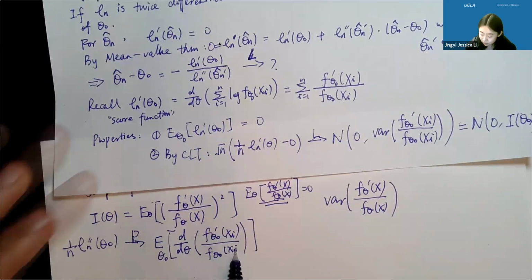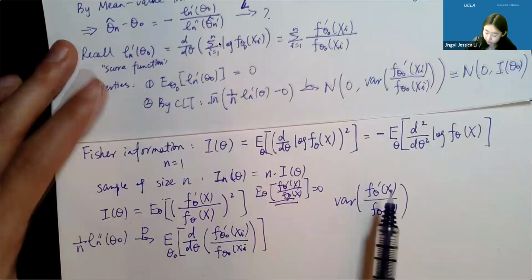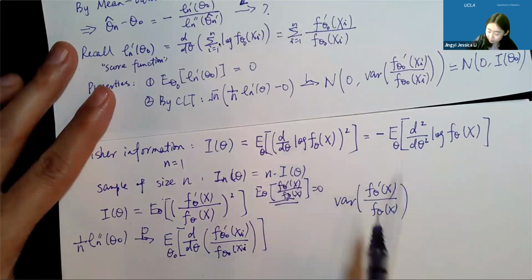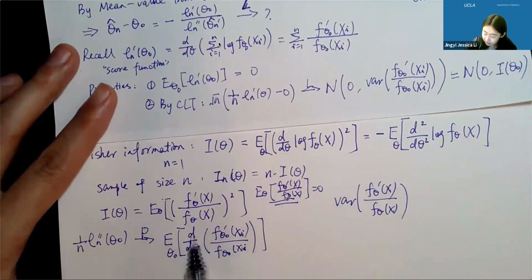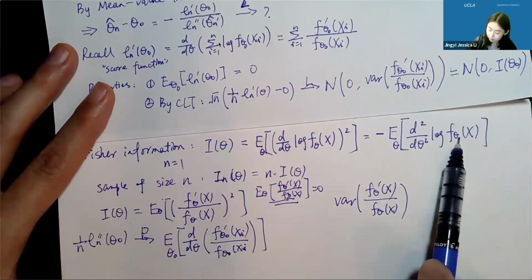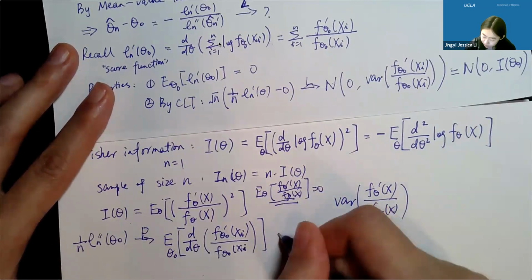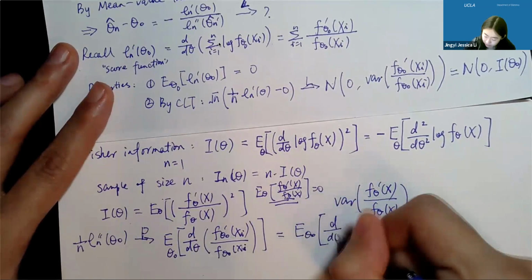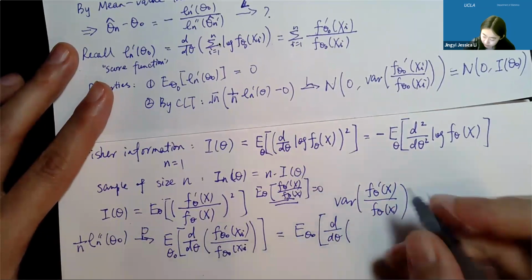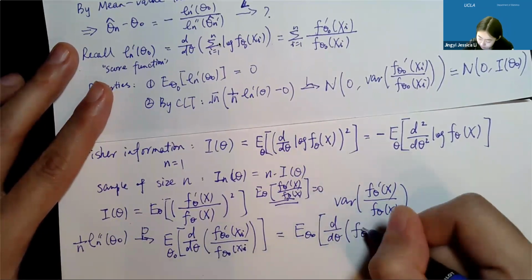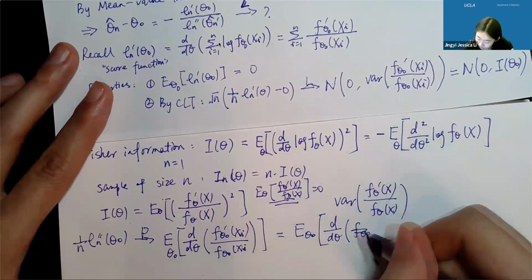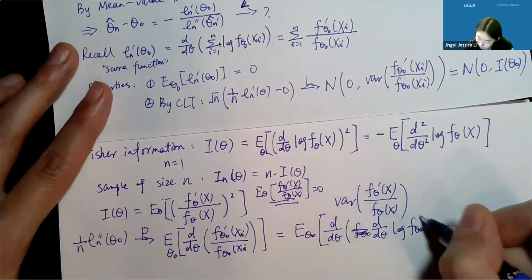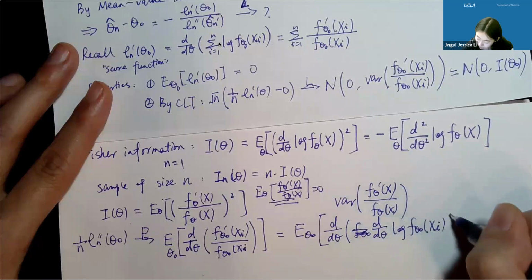And then if you look at it, it's basically this, like the second derivative. Inside, it's basically d theta log f theta 0 at x_i.